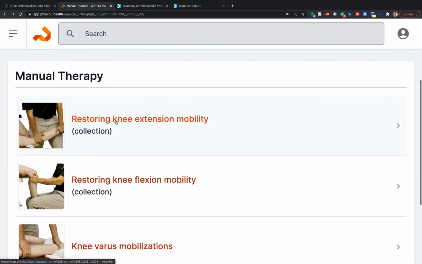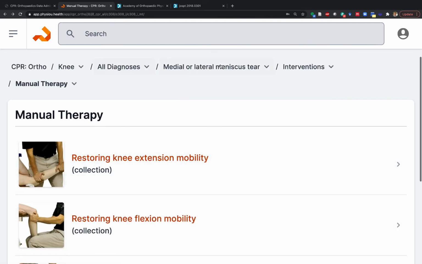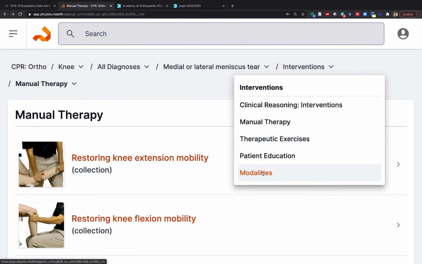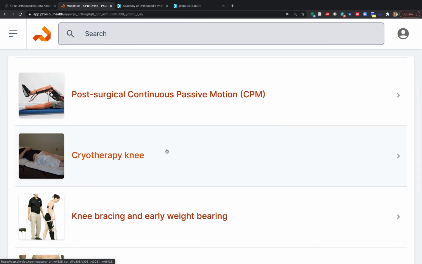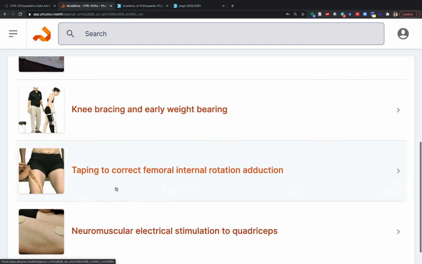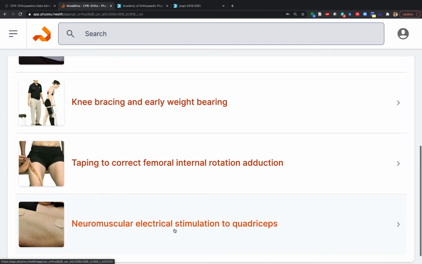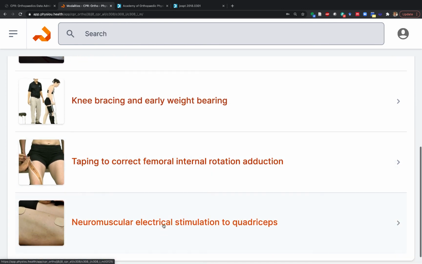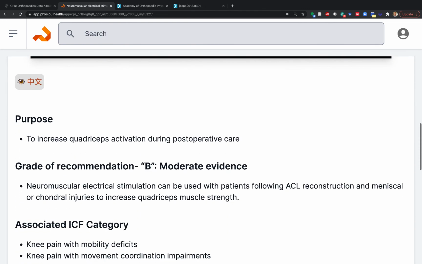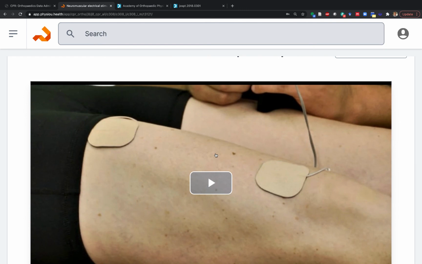But you can also see that if needed, under the modality section, cryotherapy, bracing, taping, NMES, these are all reasonable interventions to do. And you can see that there are grades of evidence coming from the guidelines. Okay, so meniscal and chondral injuries, neuromuscular electrical stim can be used following ACL reconstruction and meniscal or chondral injuries to increase quadriceps muscle strength. So this becomes something important for you to do.